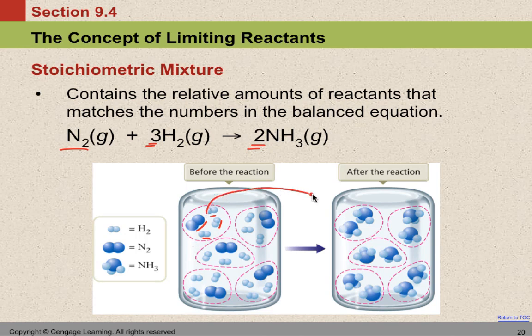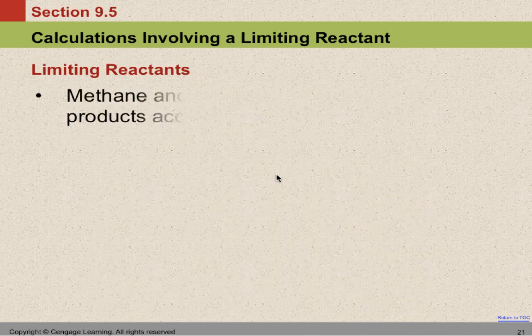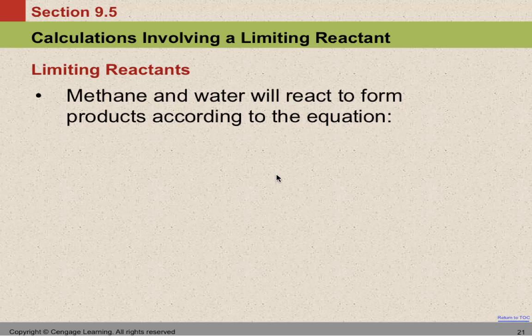These 4 molecules go to produce 2 ammonia. I have the exact number of hydrogen molecules to the exact number of nitrogen molecules I need for everything to react to make ammonia. That very seldom happens in real life. Okay, in real life we usually have what's called a limiting reactant.